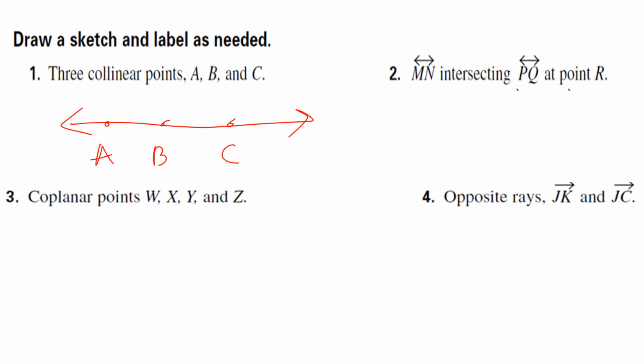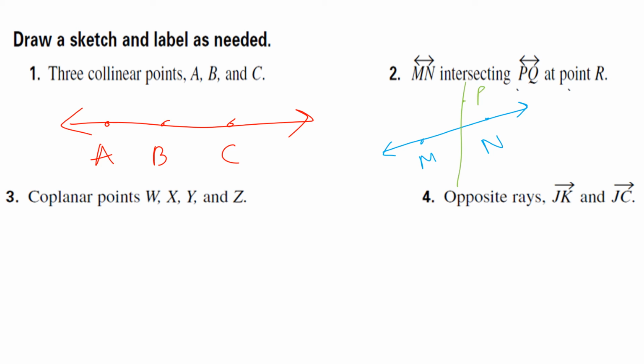Line MN and line PQ intersecting at point R. That is kind of like the last example that we did with the definitions. So I have line MN, and I'm just going to make it on an angle because that's a little bit easier for me to have some more room. And then you also have PQ.